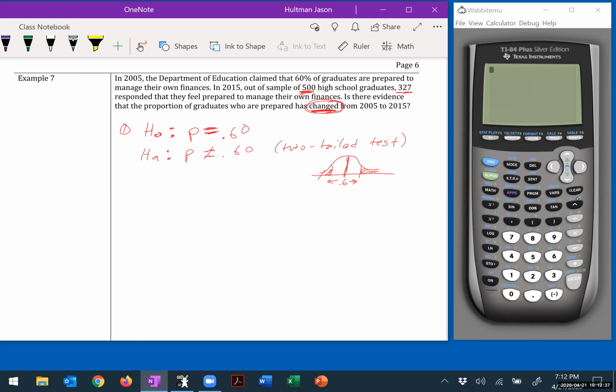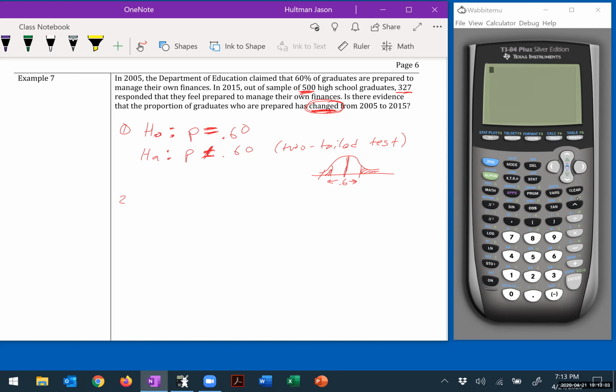Before we were just going one direction, but now we have 2 directions to worry about. That's the not equal sign. What keys you into the not equal sign is the change here.